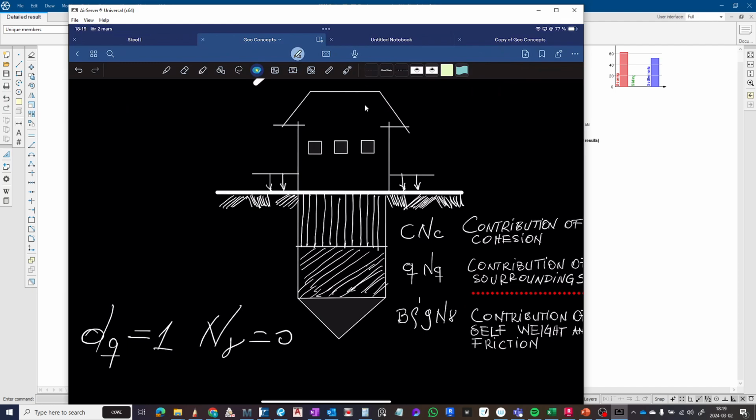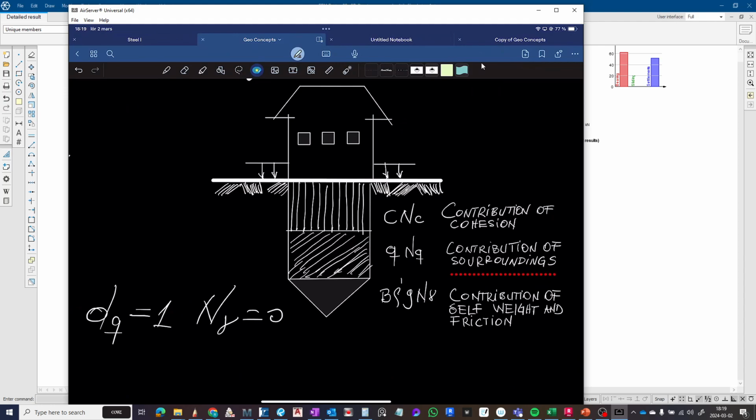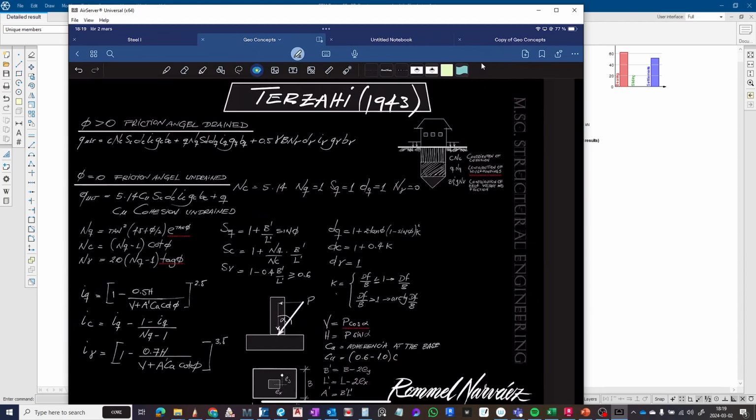We are getting loads from this, and with this we need to calculate the bearing capacity, if the house or the building is going to be there for quite a long time. We need to be sure that the soil is going to bear this structure.